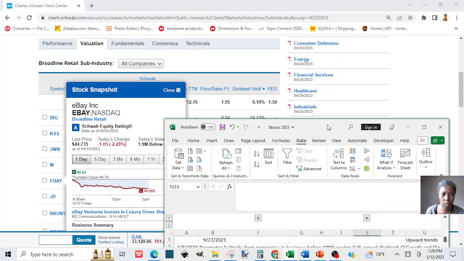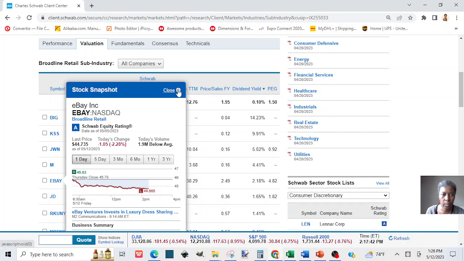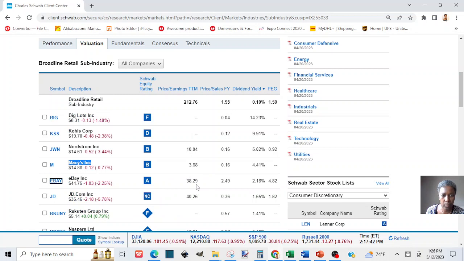Yeah, I do not want to click on the snapshot. So if you click on it by mistake, you can just get out of it. 441.